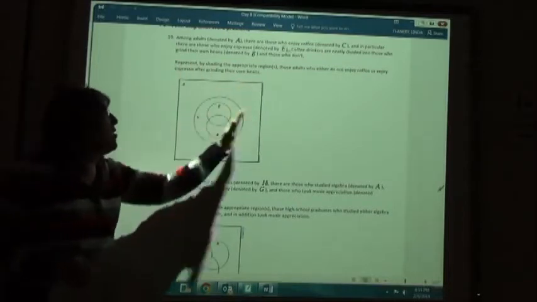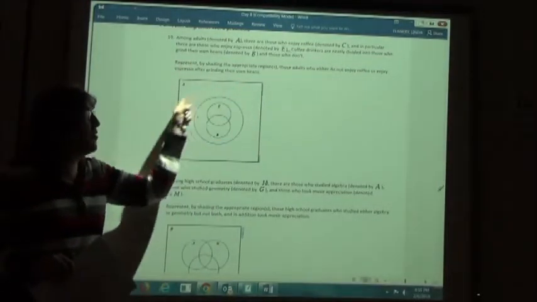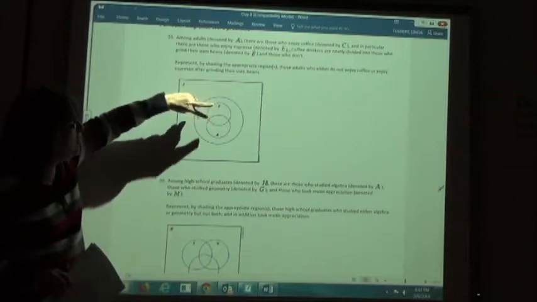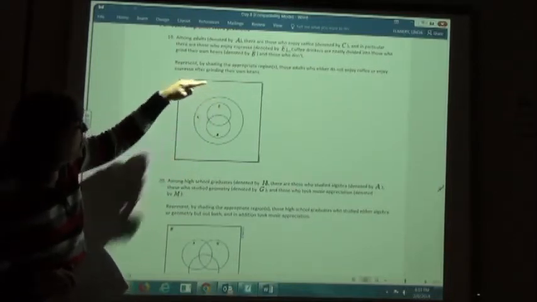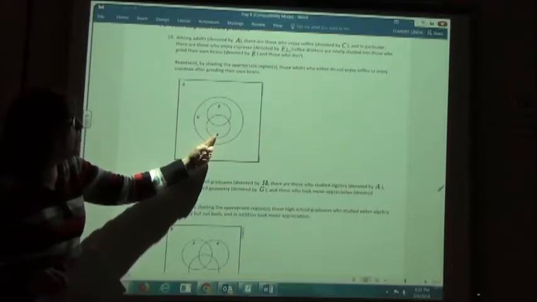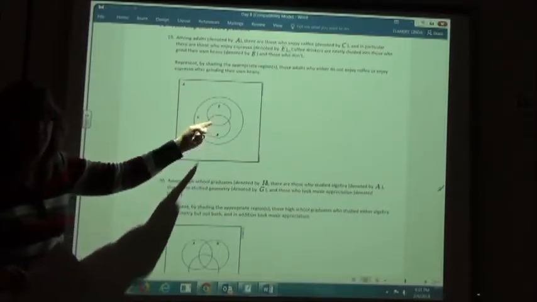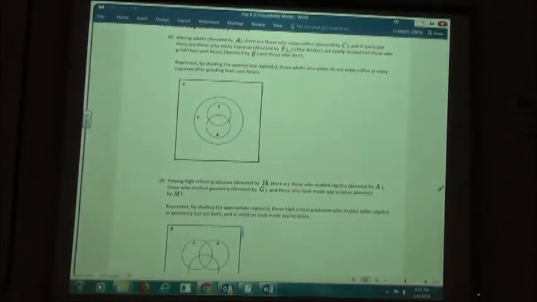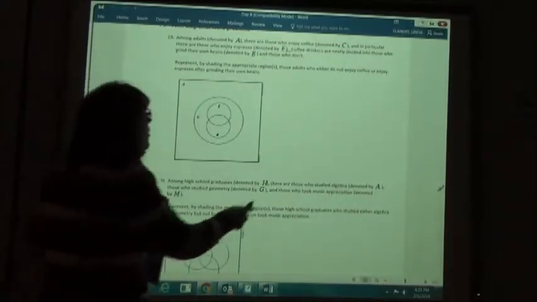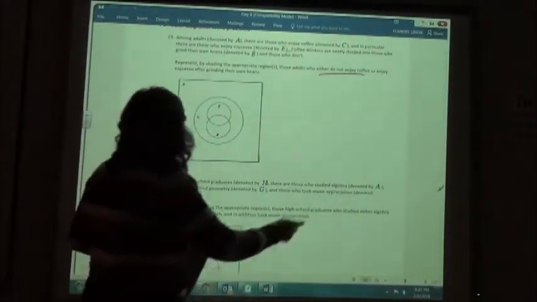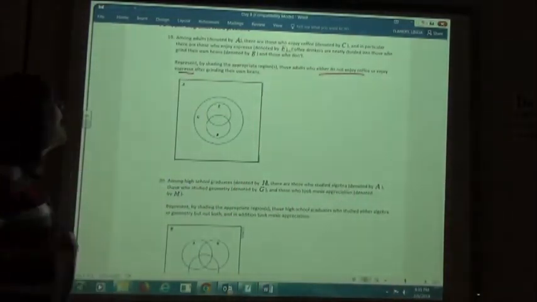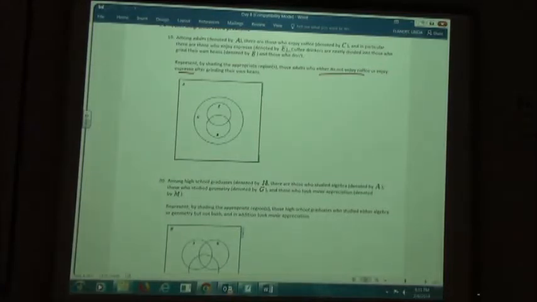So A is all of our adults. C is our coffee drinkers. In the coffee drinkers, we either have those who enjoy espresso or grind their own beans, or in the middle, both. So it says, represent by shading the appropriate region of adults who either do not enjoy coffee or enjoy espresso after grinding their own beans.